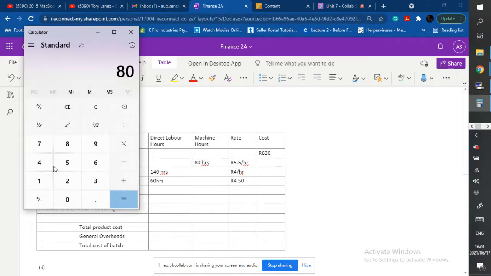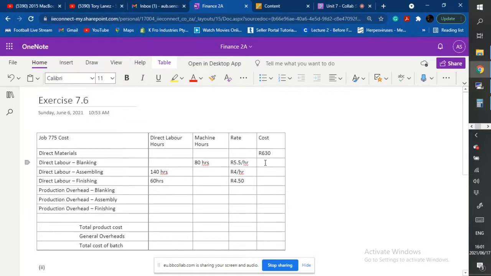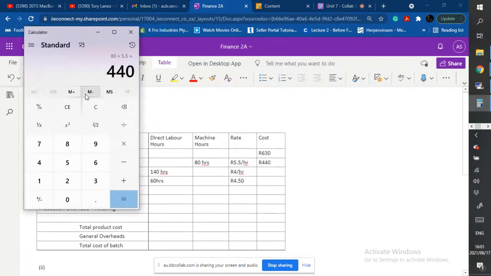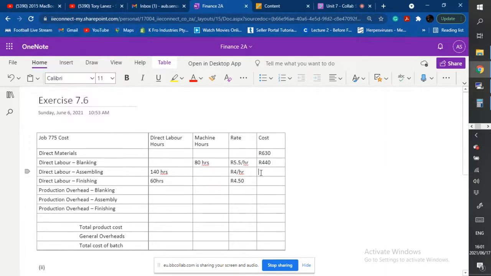So 80 times 5 Rand 50, we get 440. Then here, let's see, we say 140 times 4, okay, 560.